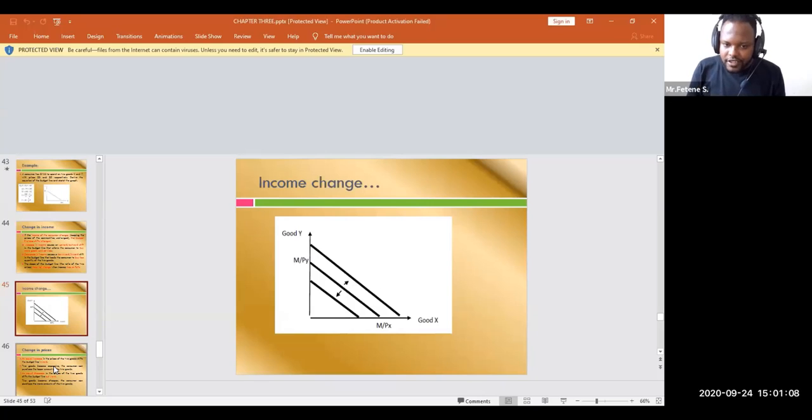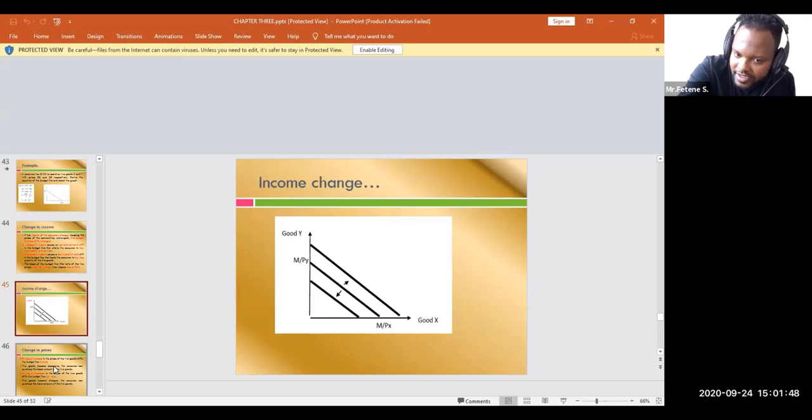Look, graphically, with income changes, this is the original budget line. If the income is increased, the budget line shifts upward, because our purchasing power is increasing. Before, we could afford this amount of good y and this amount of good x, but if the income increases and the budget line shifts upward, we can afford more of x and y. Conversely, if the income decreases, the budget line shifts downward, inward from the original budget line.